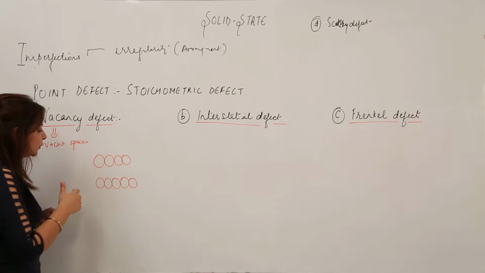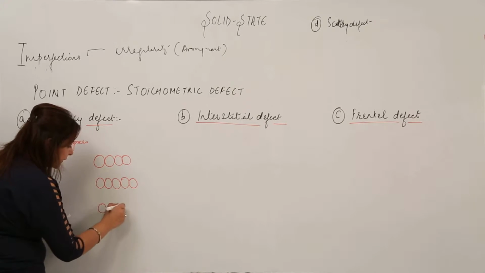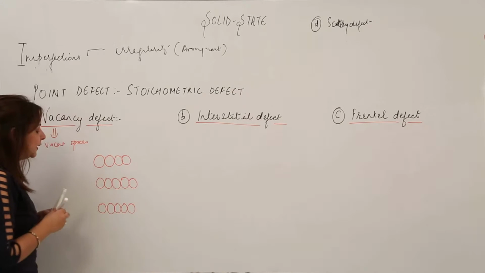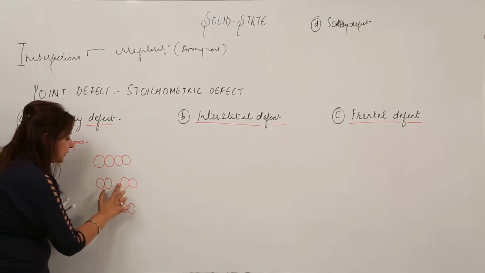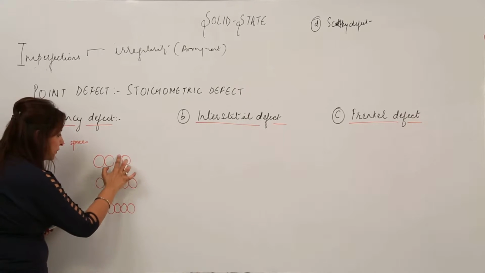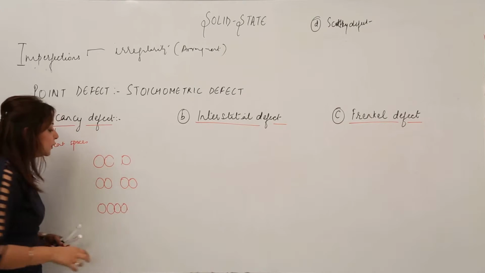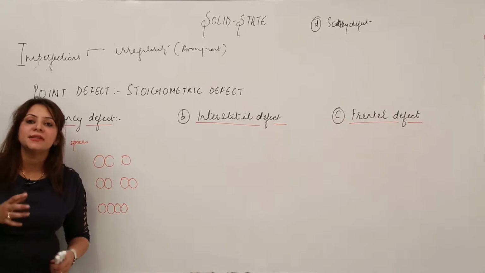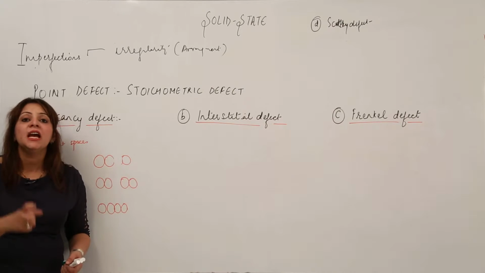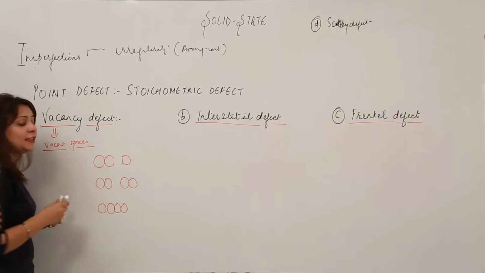What I get to see is that there are certain vacant spaces here. Suppose this place is vacant, this place is vacant, this place is vacant. So few particles are missing from their position. That means we get to see vacant spaces, so there exists a vacant space.